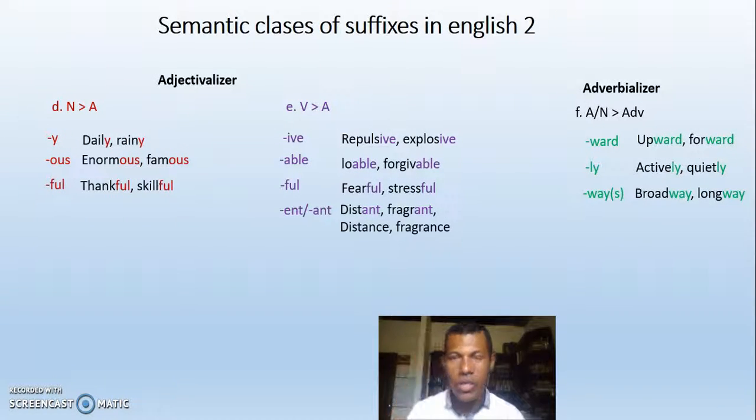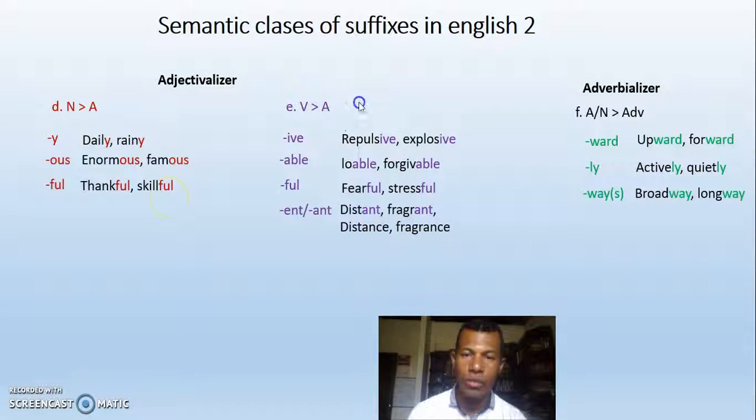This is also an extension of how suffixes work, but this time we turn nouns into adjectives. Day, rain, by adding that final suffix we turn them into adjectives: daily, rainy, enormous, famous, thankful, and skillful.